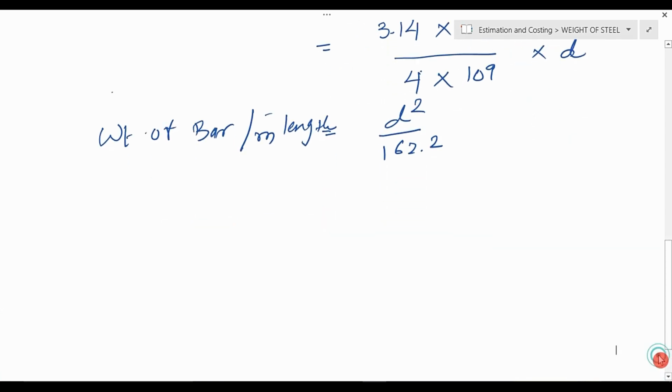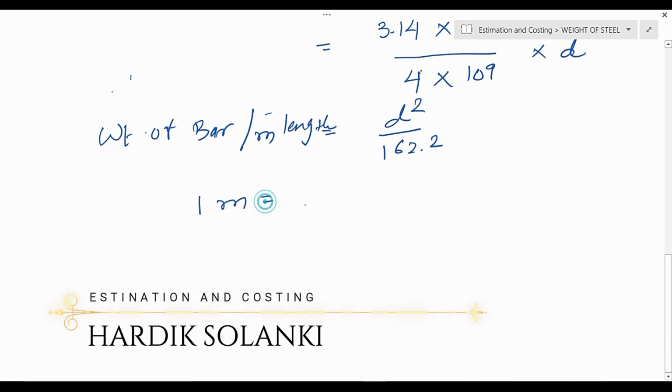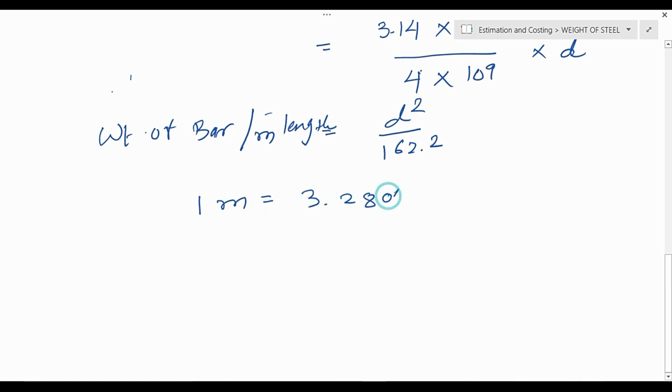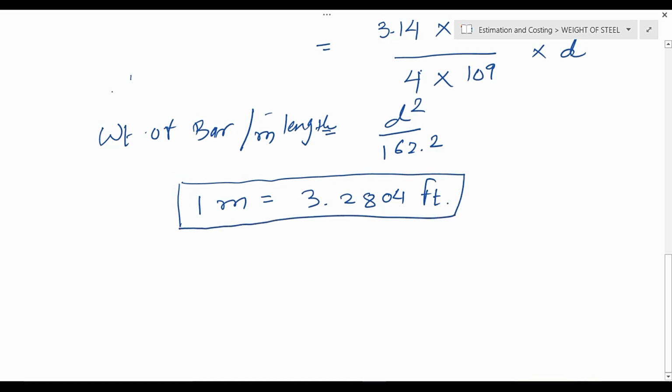So for conversion, 1 meter is equal to 3.2804 feet.